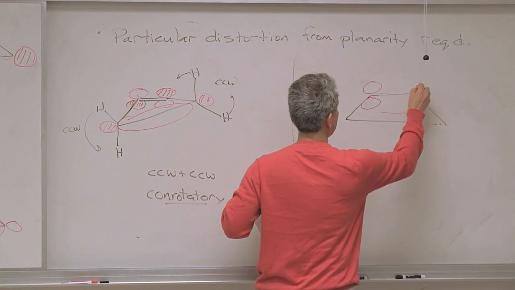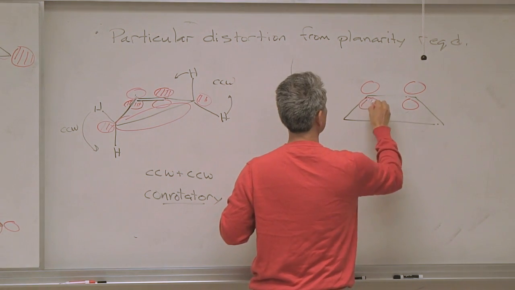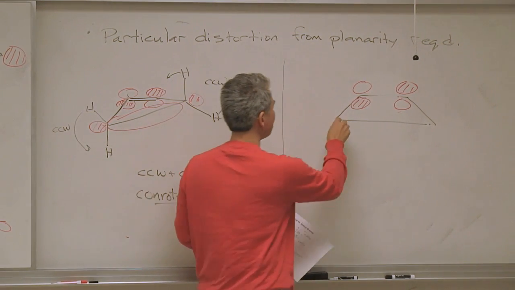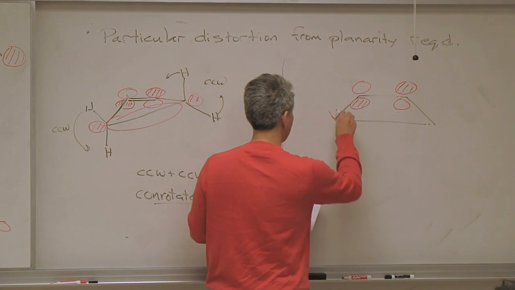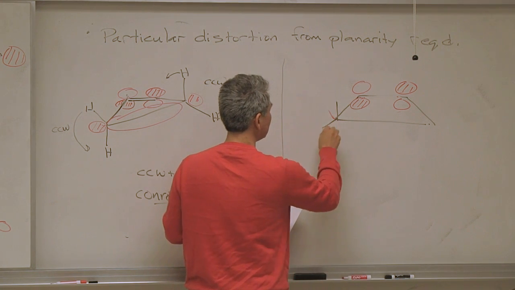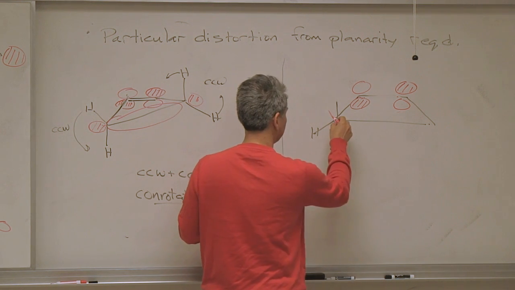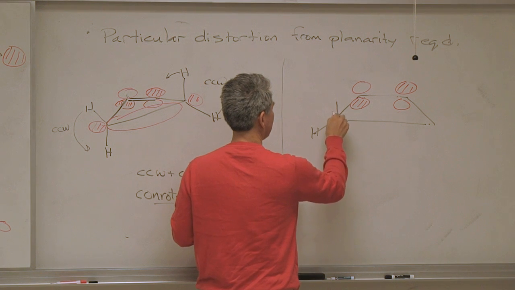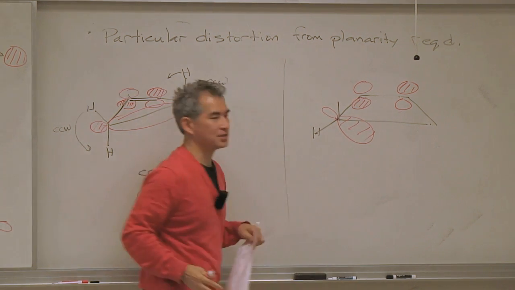Let's take a look at the same analysis where we're looking at pi star. And now what we're going to think about is what happens if we try to distort opposite directions. So one group, I'm going to start to distort inward. And if I'm drawing the sigma orbital, I need to phase these correctly. So there's the hashed region.